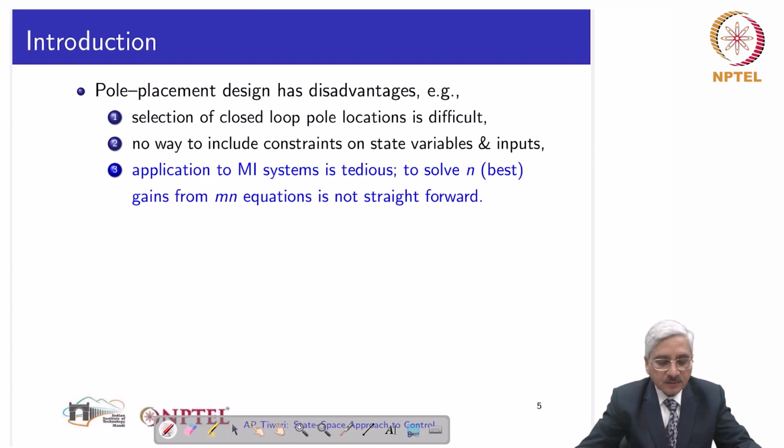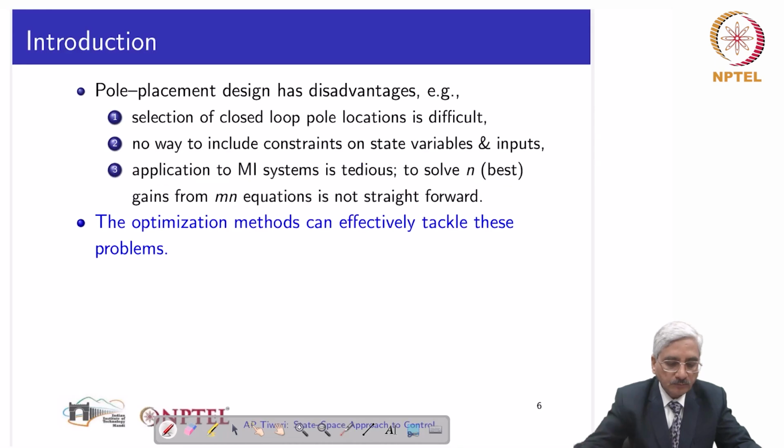Another thing is that we have more unknowns than equations, and we don't have any particular best way to solve for them. So these difficulties are faced in the pole placement design.